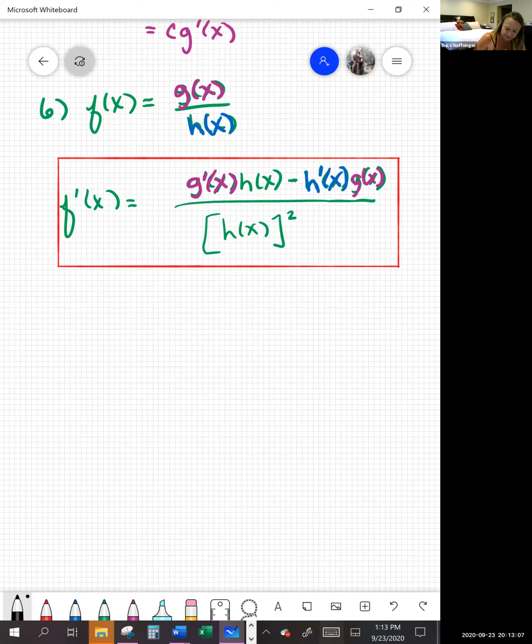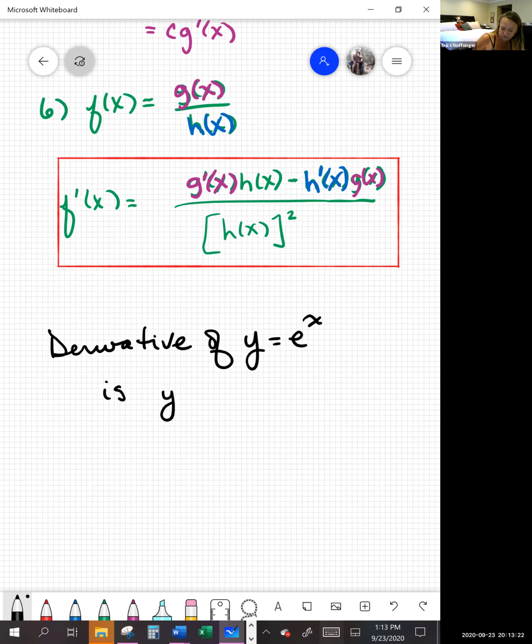So the derivative of y equals e to the x is just e to the x. We don't really have many tools right now to prove this, so we're just going to take it for granted for now.